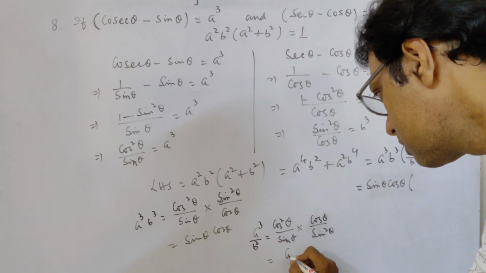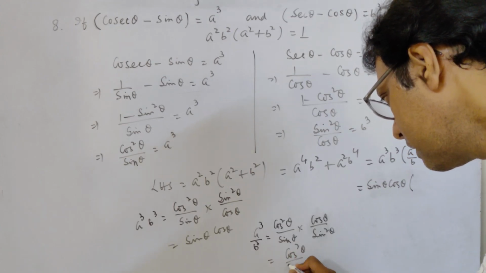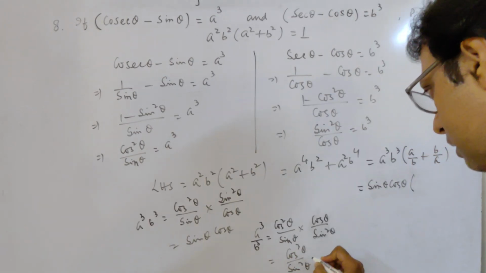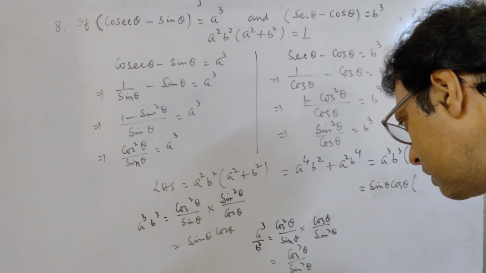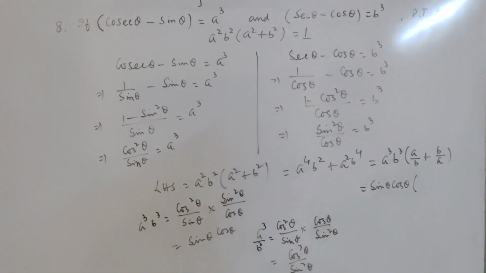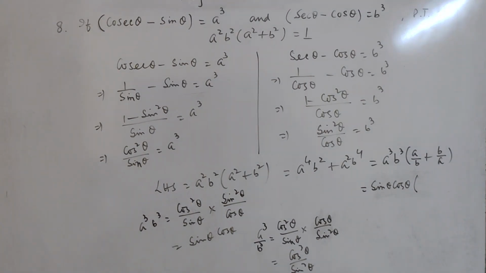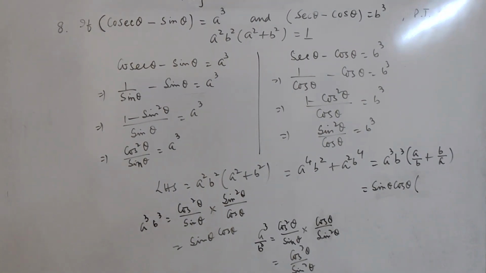So it is cos cube theta by sin cube theta. A cube by b cube is equal to cos cube theta by sin cube theta.